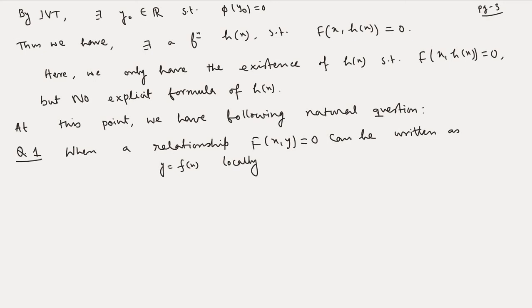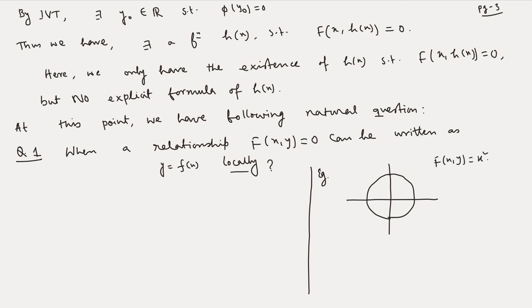So locally means, so consider the first example. For example, when f of x comma y is equal to x square plus y square minus 1.